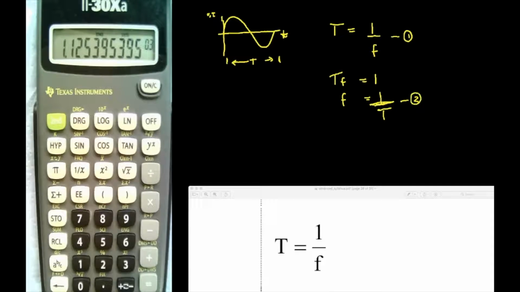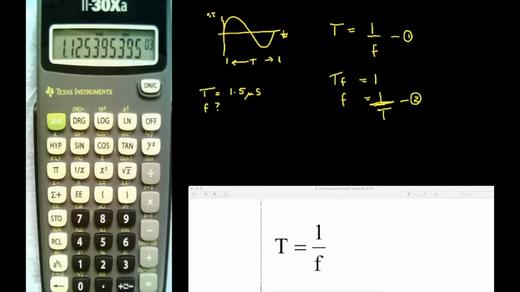So let's say, looking at 1, we are told that T, the period of one cycle, is equal to 1.5 microseconds. And we're asked to find out what is the frequency. Well, we'll be using this one first of all because we're finding the frequency.